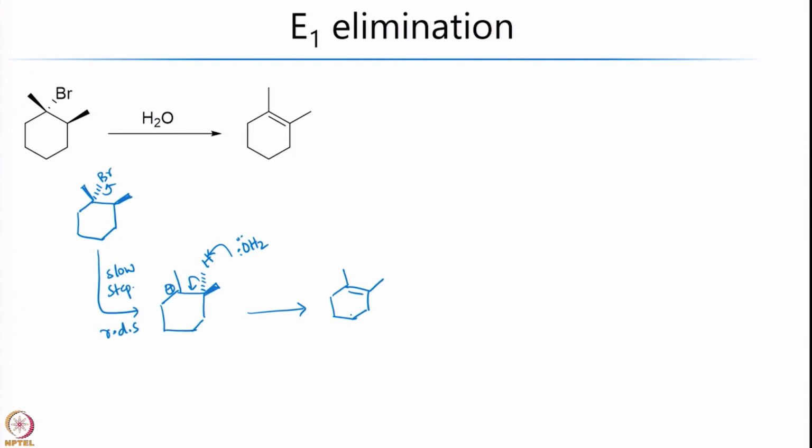And again, what is important to note is that the mechanism is arrived at by looking at what are called kinetic studies, or studies in which people have looked at how the rate of the reaction varies when either the water or the concentration of the starting material, let us say substrate S, is varied. As a function of the concentration of S, one would observe an almost linear dependence.